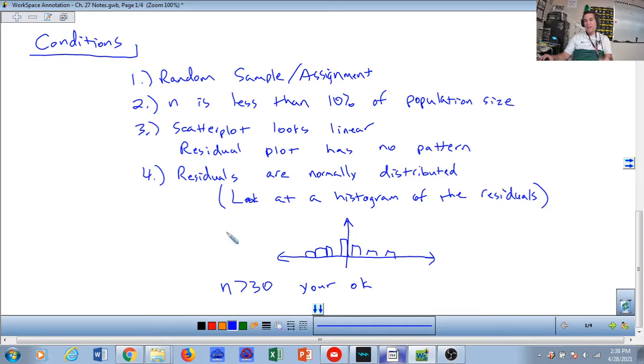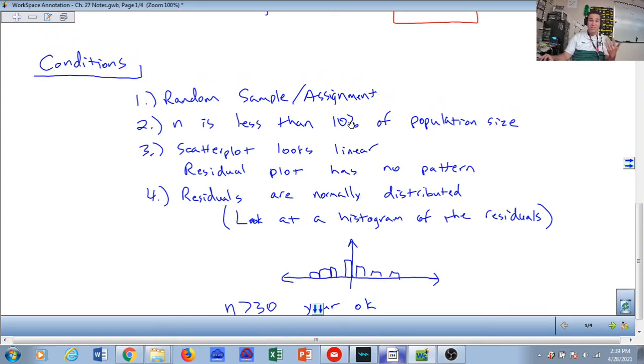So you prefer that. But I'm going to be honest with you. On these problems, they tend to tell you that the conditions have been met. They always tell you the conditions are met. You don't have to worry about them that much. But these two you're used to, right? But 3 and 4 you have not had to do. But we did do back in that linear regression stuff.